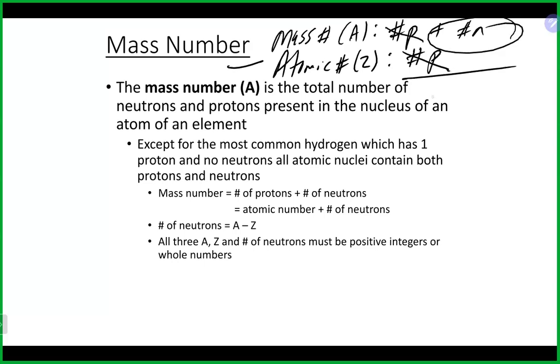It tells you the number of neutrons. So to figure out the number of neutrons, you take the mass number minus the atomic number. Vice versa, if they give you the number of neutrons and you know the number of protons, you add them together, and that will give you your mass number.